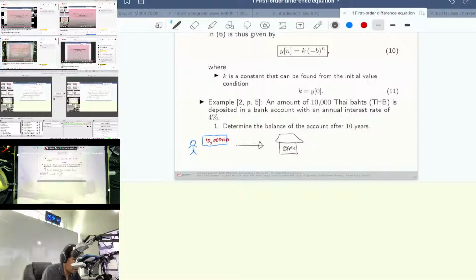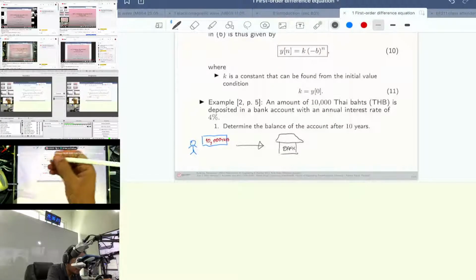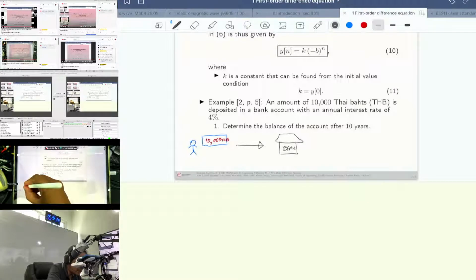All right. They will give you four Thai baht more after 1 year for 100, right?